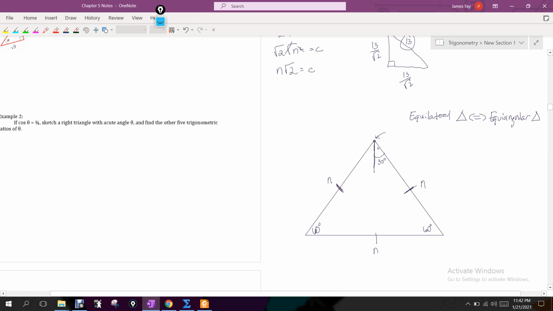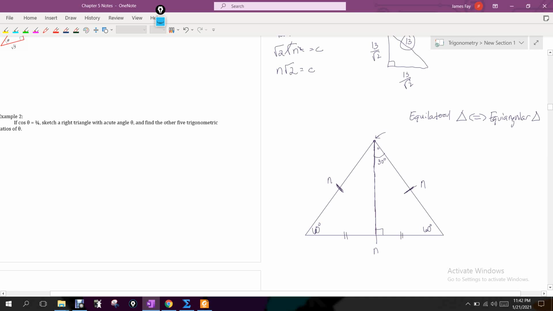If I continue dropping that down, what we found out in geometry is that the angle bisector of the vertex angle is the perpendicular bisector of the base of the isosceles triangle.